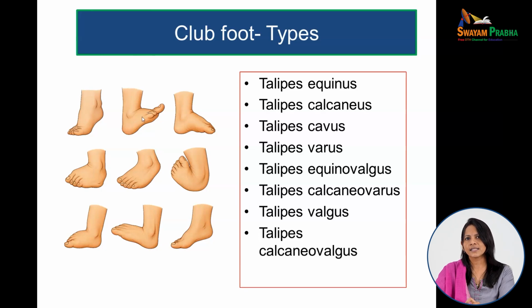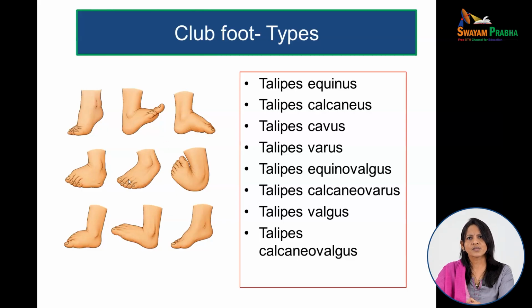As against this, in the other position the calcaneum is placed on the ground and the toes are above the ground. This is talipes calcaneus because the calcaneum is on the ground. Talipes cavus is where there is an exaggerated arch of the foot because of certain deformity.